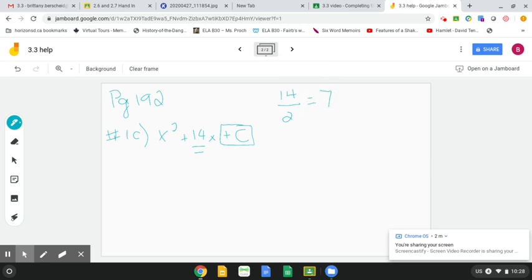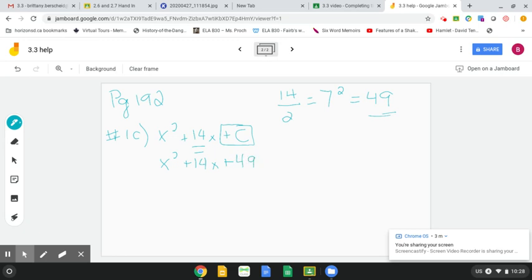Then you square that. 7 squared is 49. It is those same steps all the time: b divided by 2, then square it. So that 49 becomes your c, and I have x squared plus 14x plus 49. The plus always comes first.